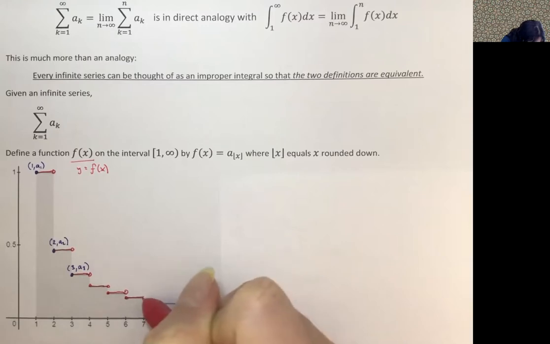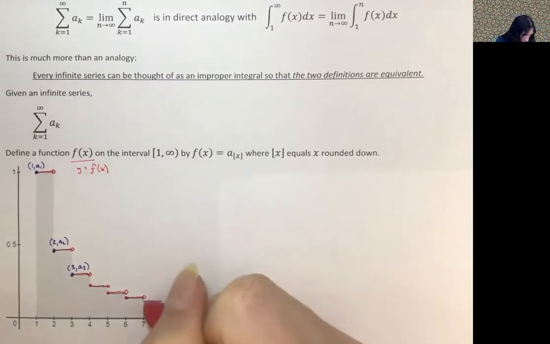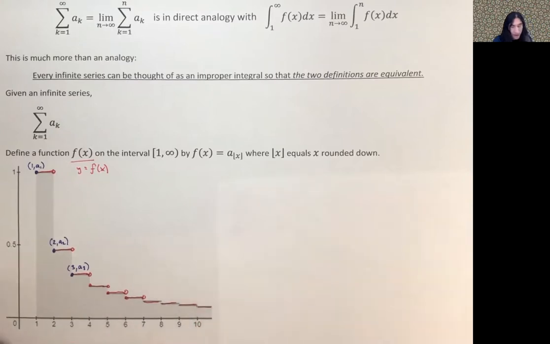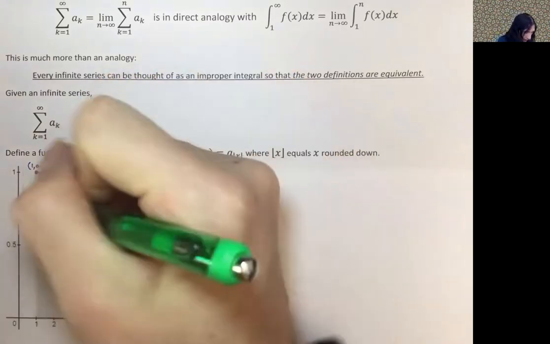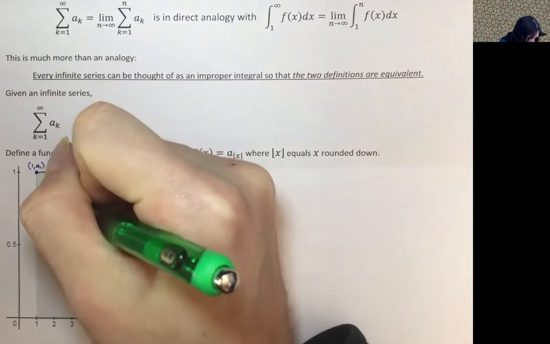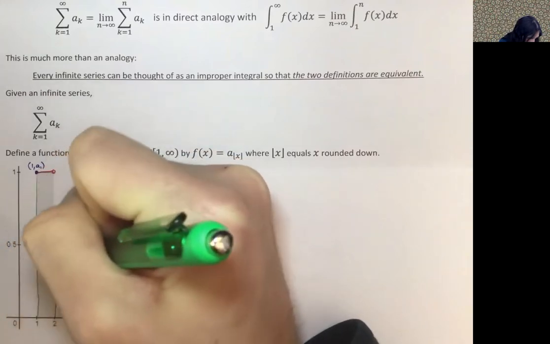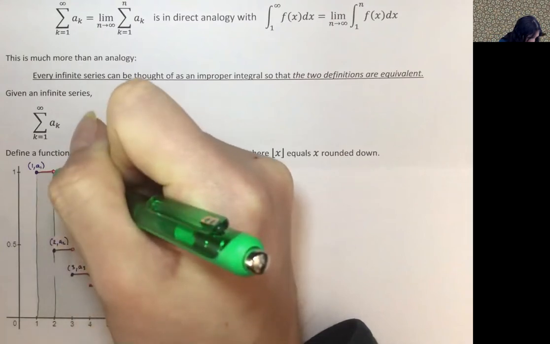And if you think in even a little bit more detail about what's going on with the shaded area under the curve, then you realize that the rectangles that I've got actually have areas that correspond to the sequence of terms.